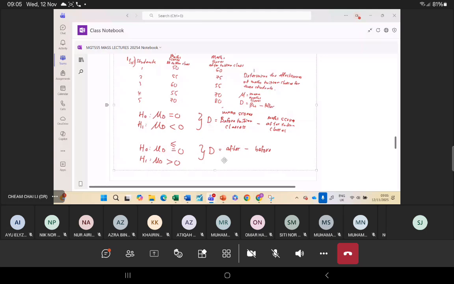As mentioned in the PowerPoint slide tadi, you have to show the D, mu D, and mean differences. Let's say there are 2 ways for you to define your D.